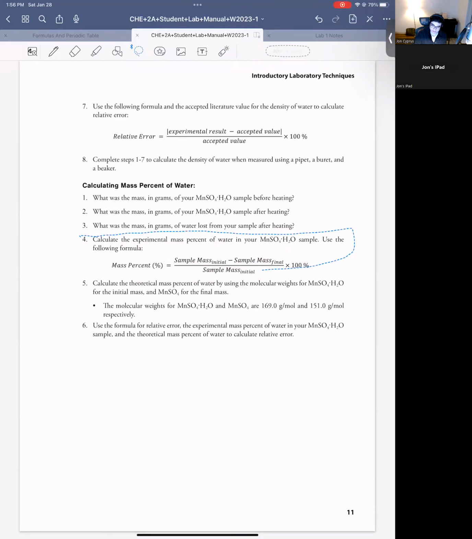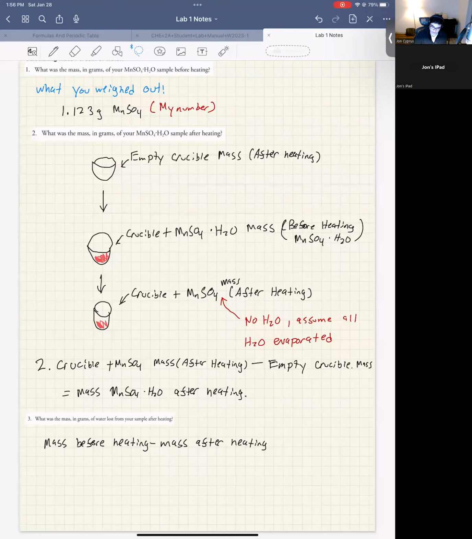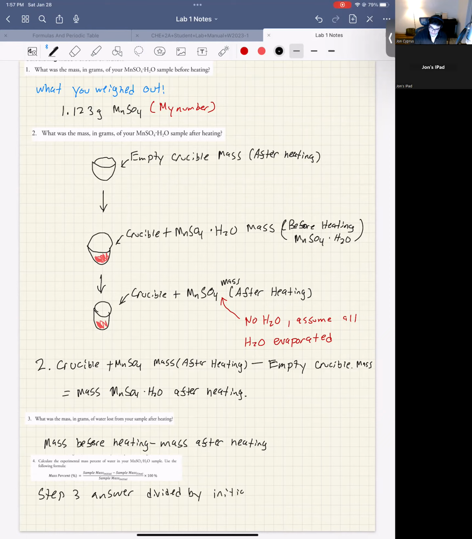So this is step 3 answer divided by initial mass times 100%.